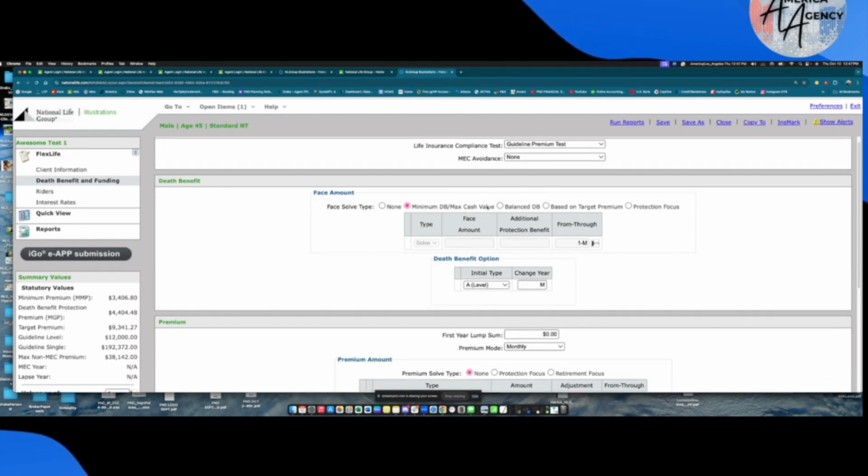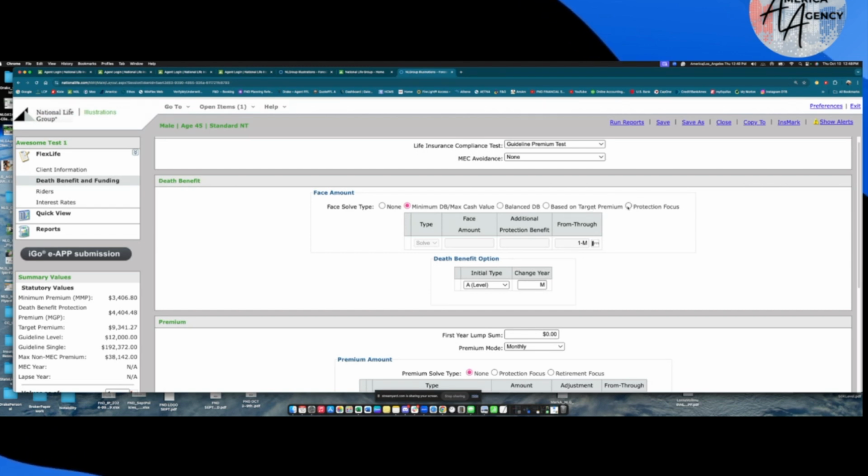So minimum death benefit, max cash accumulation is pretty much what anyone who's really interested in IULs is going to want. You really would only jump to balanced death benefit based on target premium if it was a really good client that needed the living benefits and really wanted this product and they were on a real tight budget.